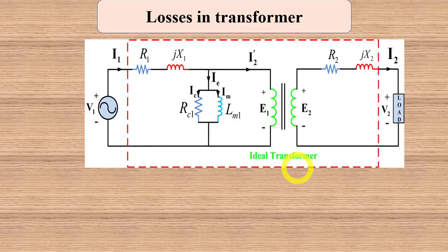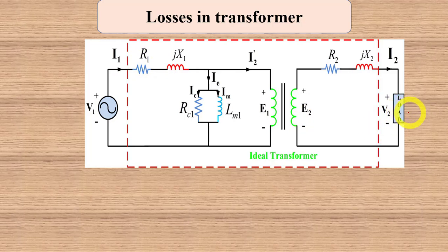This is the diagram of the equivalent circuit of the transformer. This one is the load. If the load is changed, then I2 will also change, and I2 is equivalent to I2 dash, which is part of I1.